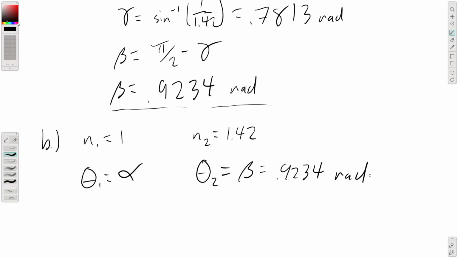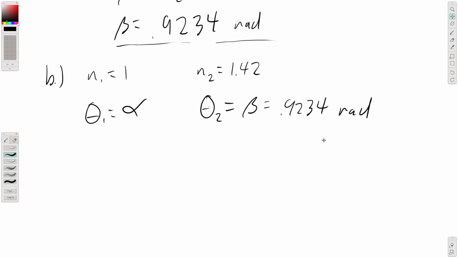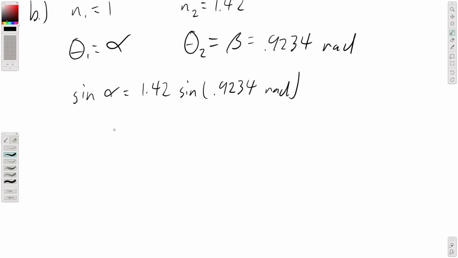We're trying to find alpha under the constraint we stated previously, which is that we still want total internal reflection to occur. So we go ahead and we say the same thing we said before, and move forward to solve for alpha. A sine of all of that stuff.